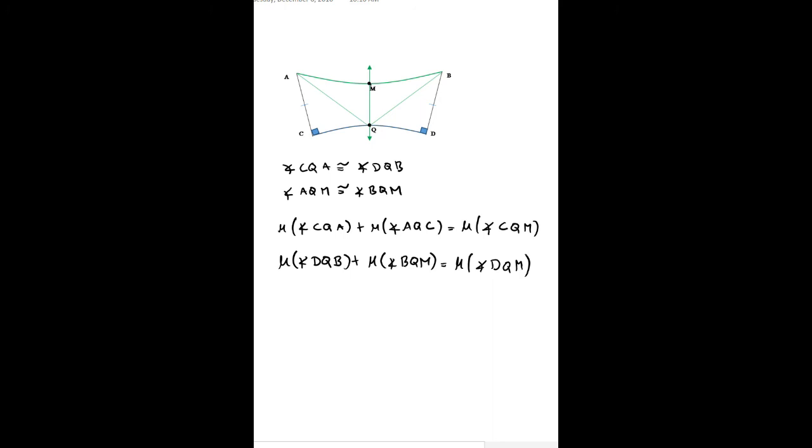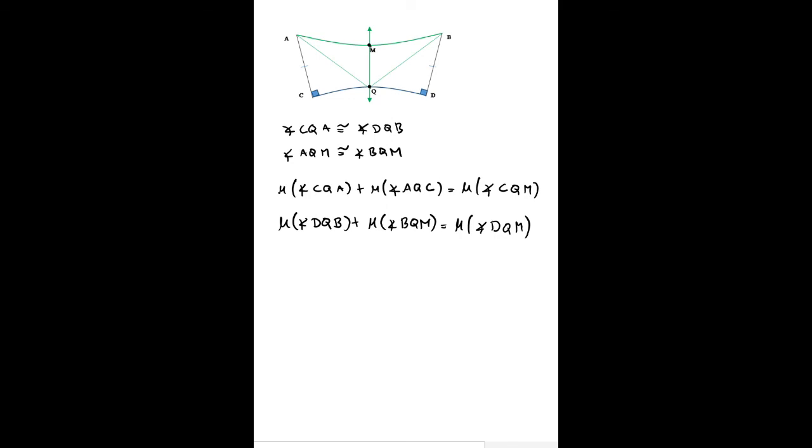Okay, so now let's inspect these angles a bit further. We know that CQA and DQB are congruent. We also know that AQM and BQM are congruent.